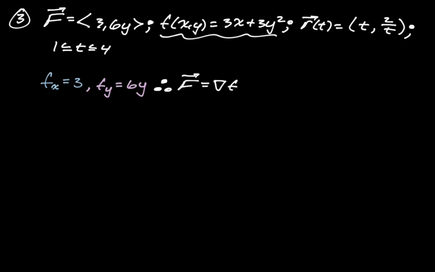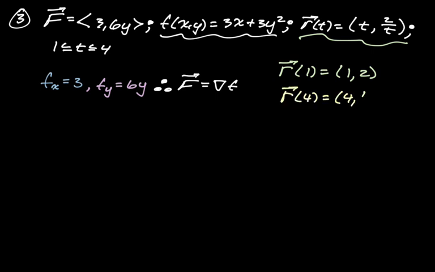So now what we need to do is figure out where we're starting and where we're stopping. So we're starting at r of 1, and r of 1 is going to be (1, 2). And then we're stopping at r of 4, and r of 4 is going to be (4, 1/2). So now, instead of directly calculating this line integral, we'll use the fundamental theorem.